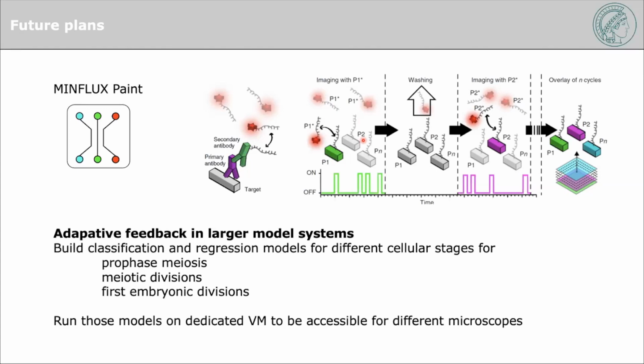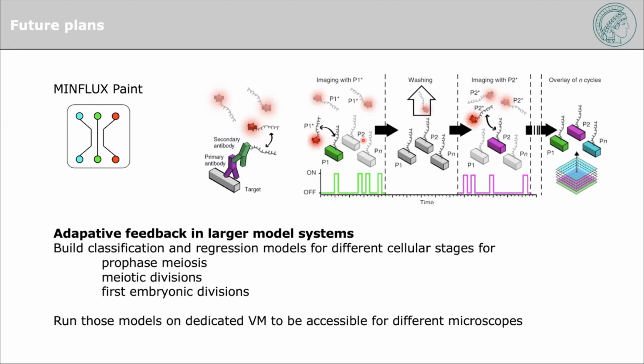So the second part is more on the data analysis part. What I worked on in the past was a lot of recognizing cells that are going through mitosis. However, in our institute, we are working a lot on meiosis, and this has many more phases than mitosis.